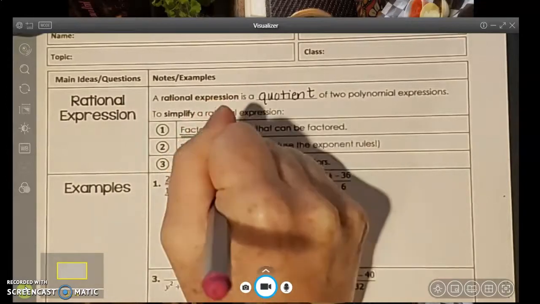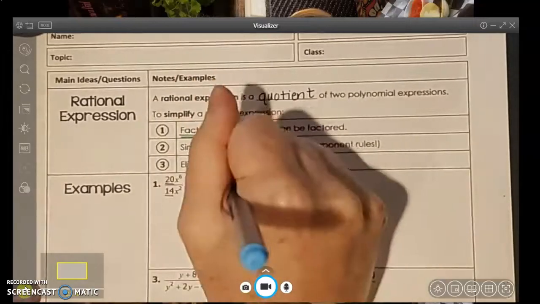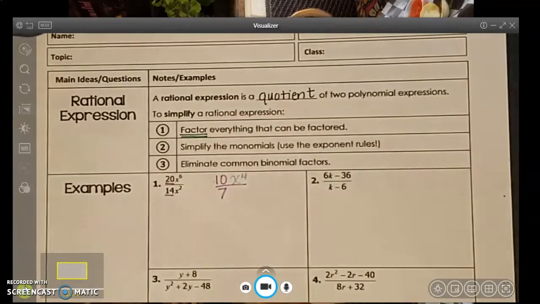And then I am going to reduce the x's. Remember the exponent rules: when you're dividing, you subtract the exponents. So x to the 6th over x squared, we're going to do 6 minus 2, which will give us x to the 4th. So it's 10x to the 4th all over 7. That would be our answer.